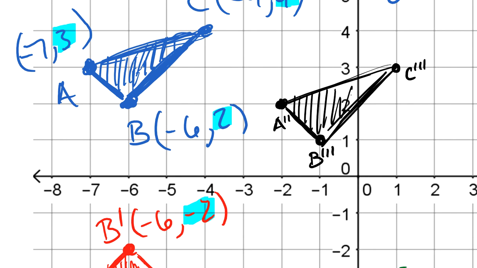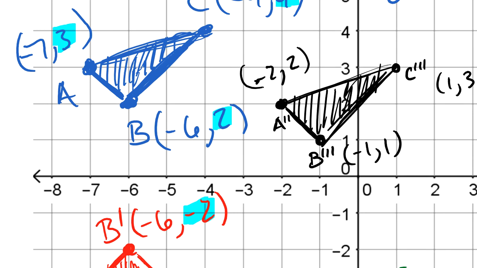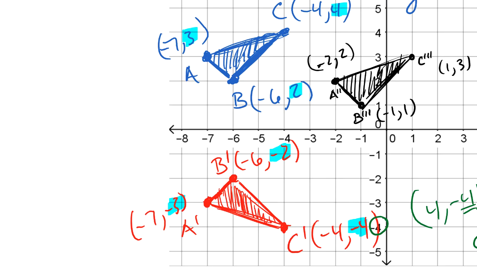And for this one, I should go ahead and write down their coordinates, right? C is at 1, comma 3. B looks like it is at negative 1, 1. And A is at negative 2, comma 2. Negative 2, 2.